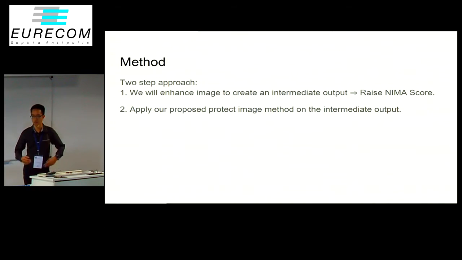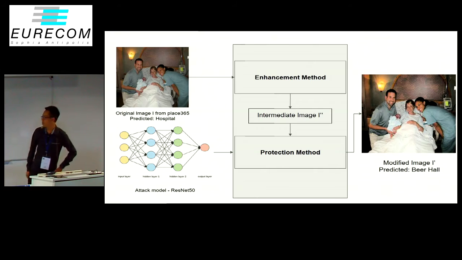First, they enhance the image to increase the NIMA score, and then they do the protection step. Here's the pipeline: they first enhance the image into an intermediate image, then apply the protection method with the attack model and generate the new image.